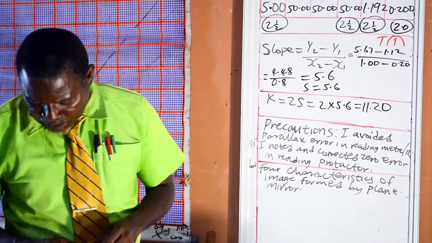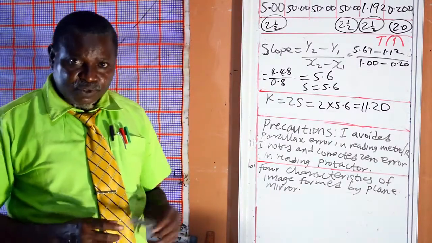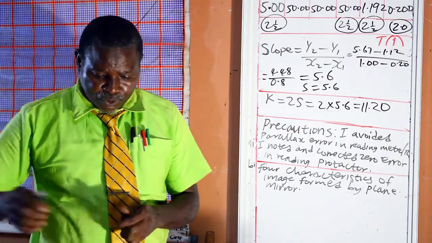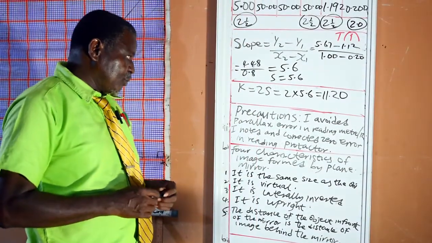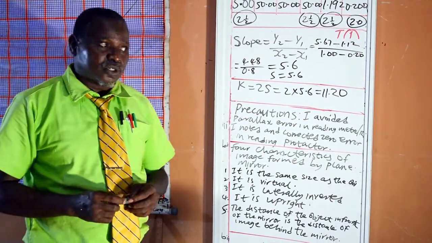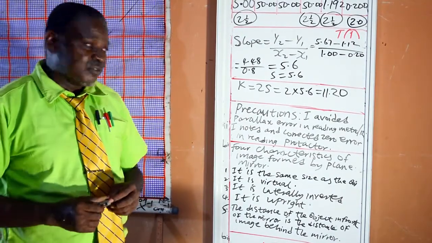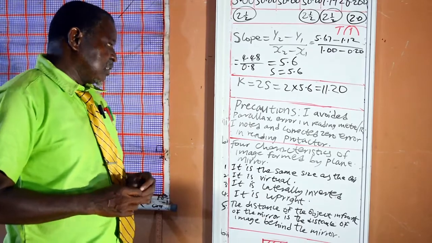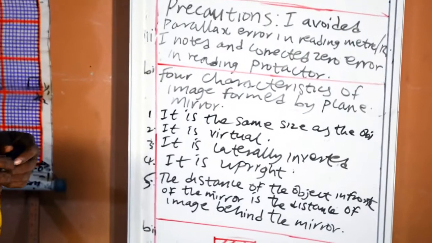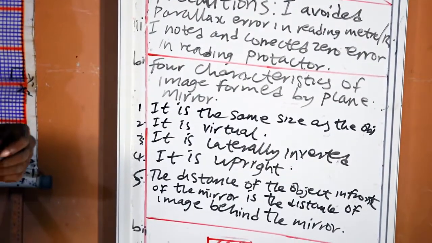Not only that, the distance of the object in front of the mirror is the same as the distance of the image behind the mirror. The four characteristics of images formed by a plane mirror are: 1. It is the same size as the object. 2. It is virtual. 3. It is laterally inverted. 4. It is upright. 5. The distance of the object in front of the mirror is the distance of the image behind the mirror.